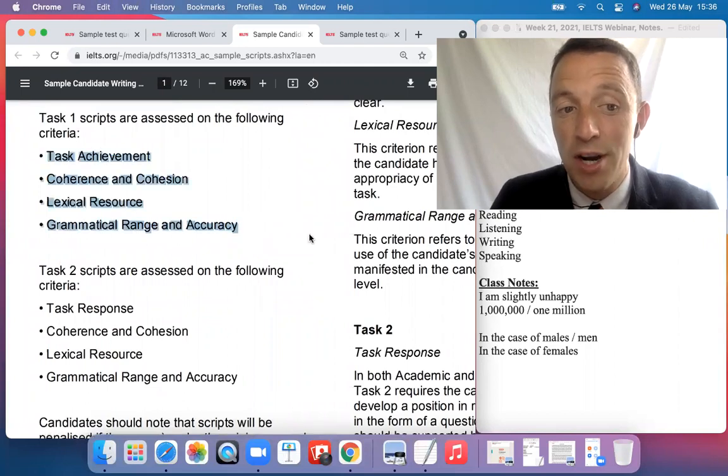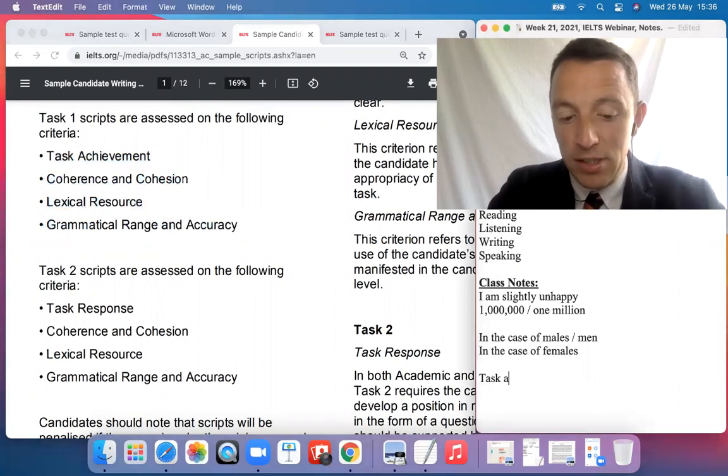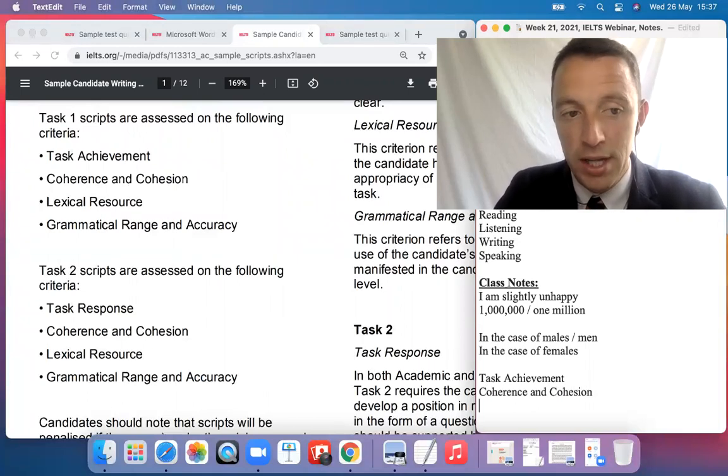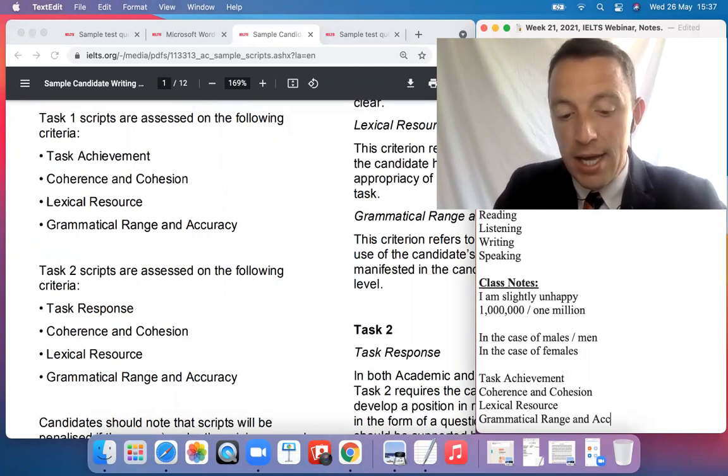So they're the 4 areas that are very, very important in the writings always. Task achievement is number 1, and I will explain now. Then coherence and cohesion is number 2. Lexical resource is number 3, and grammatical range and accuracy is number 4. Okay.